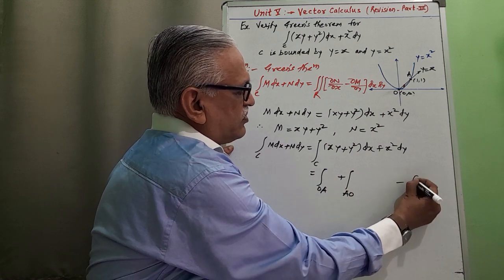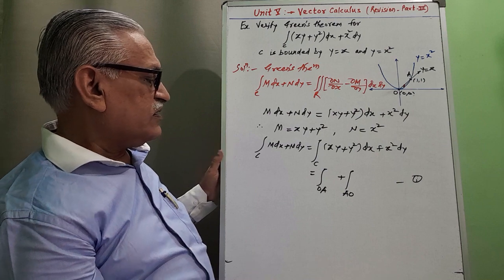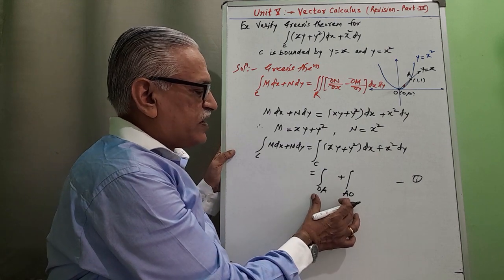We call this equation 1. Therefore, we need to find these two values separately.